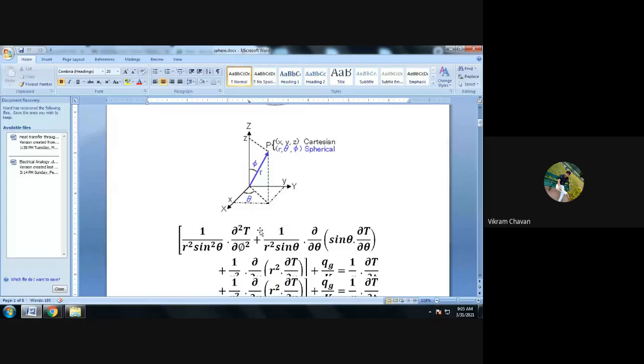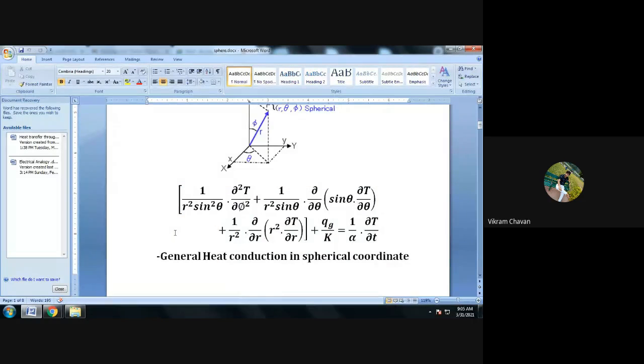Now, we don't have any derivation for the spherical coordinate system, so directly we are going to consider the general heat conduction equation in a spherical coordinate system, which we discussed in the last lecture.